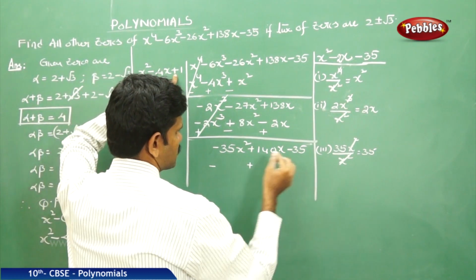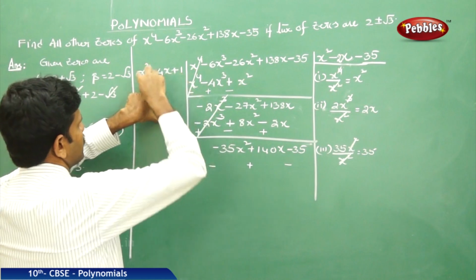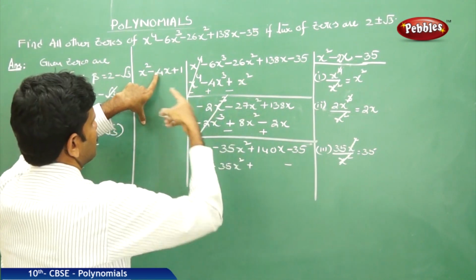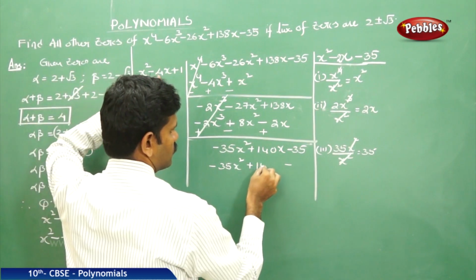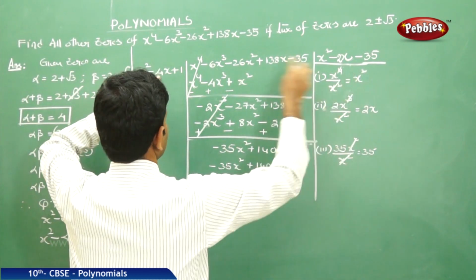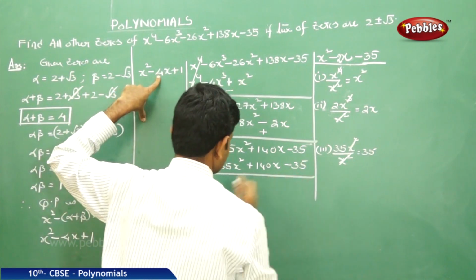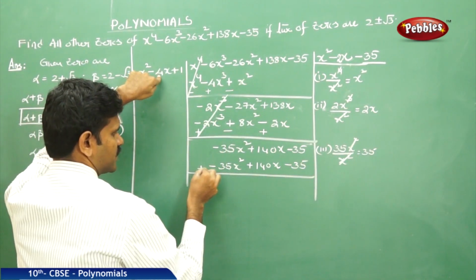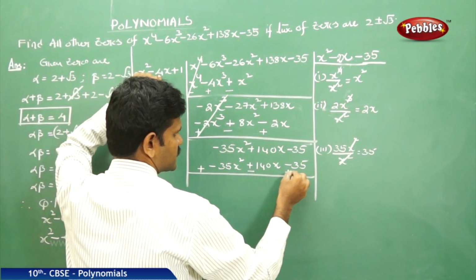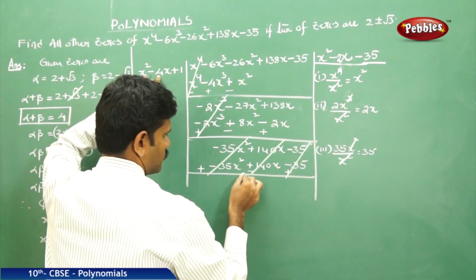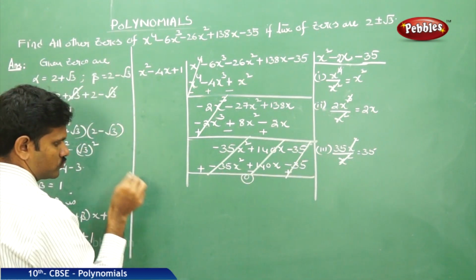Plus is here, write the minus. Now multiply. 35 into x square, 35x square. 35 4s are 140x. 35 1s are 35. Now change the symbols, plus, minus, plus. Cancel, cancel, cancel. Remainder is 0.